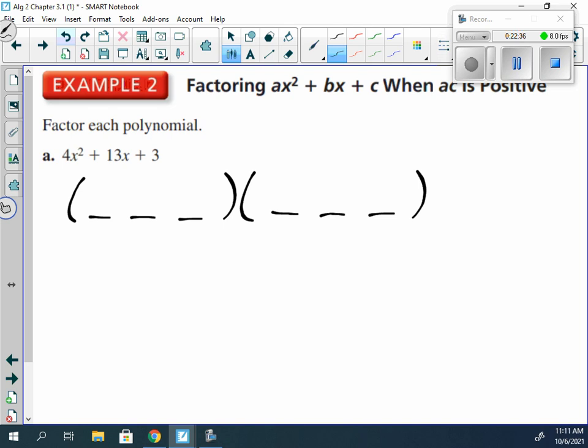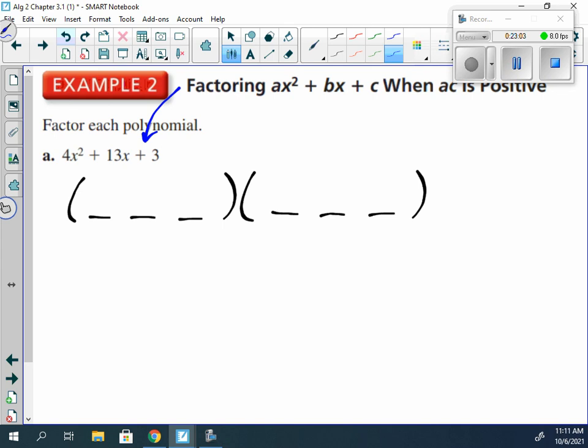write 2 sets of parentheses with 3 spaces. Find the sign. So we look at the third term. Well, here the third term is positive, so the signs are the same and they match the sign of the middle term.